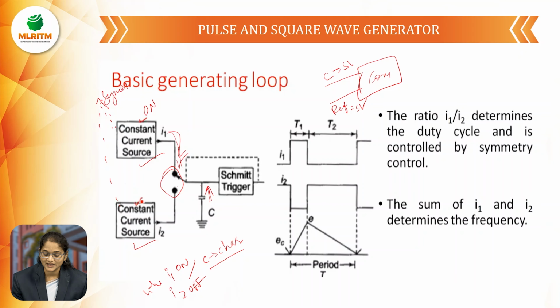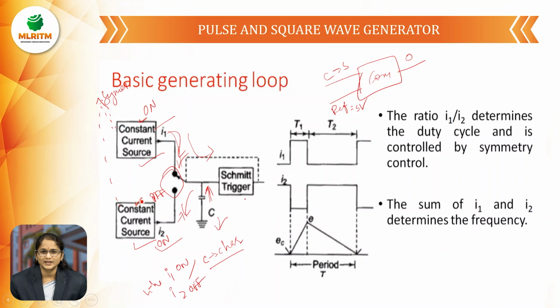Whenever it reaches 5 volts, the output becomes 0. At that time I1 is in the off state and I2 is in the on state. Then the current flows and the capacitor discharges. It draws the current and gives the signal to the Schmitt trigger.